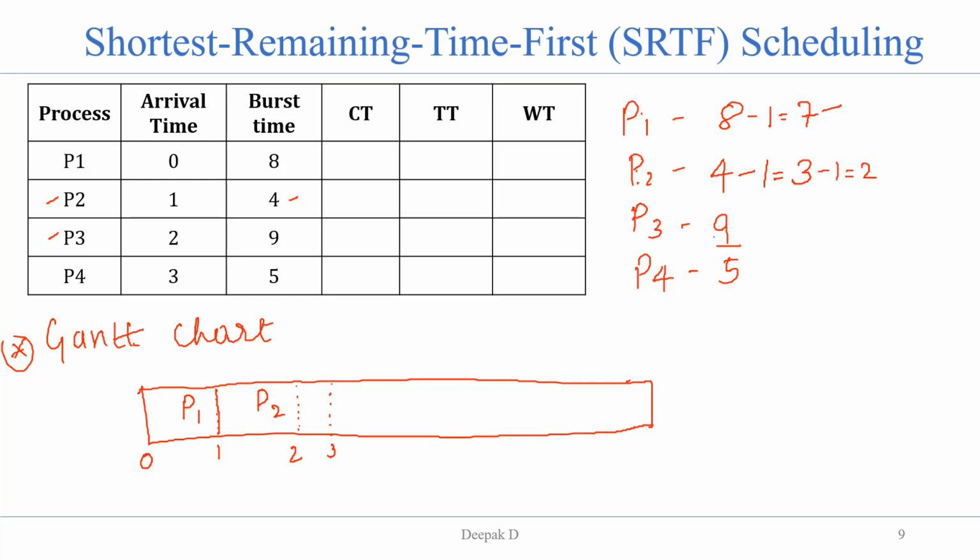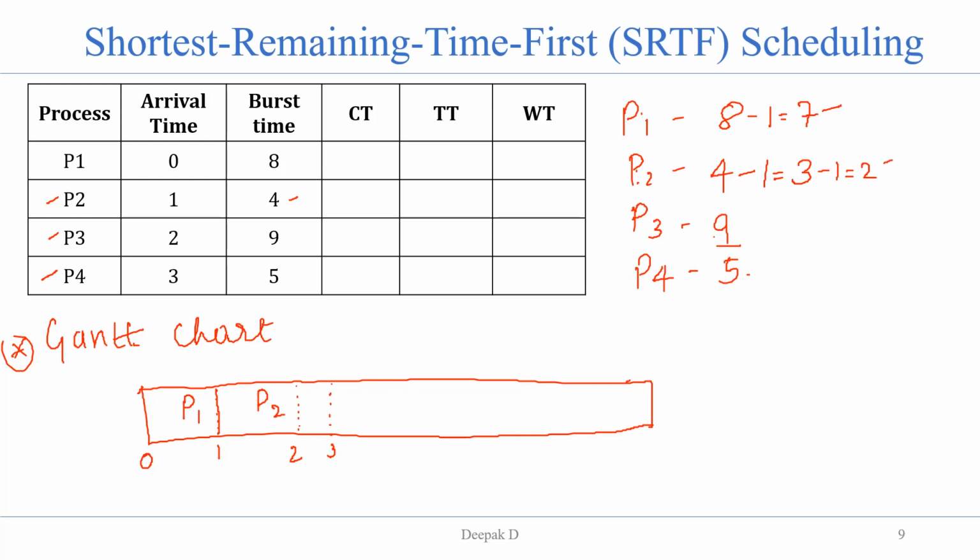As soon as 3 milliseconds are completed with this P2, I check once again whether any other process has arrived at 3rd millisecond. P4 has arrived and the burst time is 5. Right now all the processes have arrived and among the 4 processes the shortest remaining time is P2.